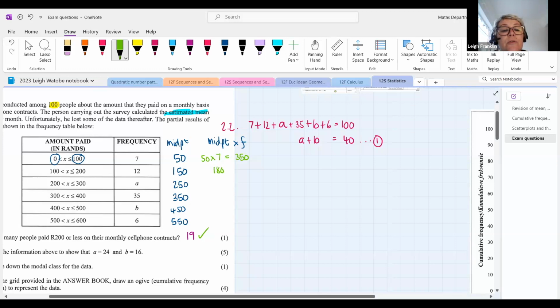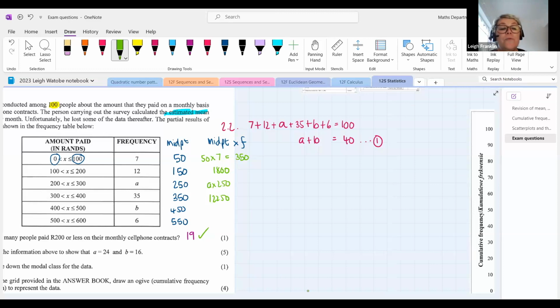1,800. Then we're going to say A times 250, because we don't know what it is. Here we're going to say 350 times 35. This is going to give us 12,250.